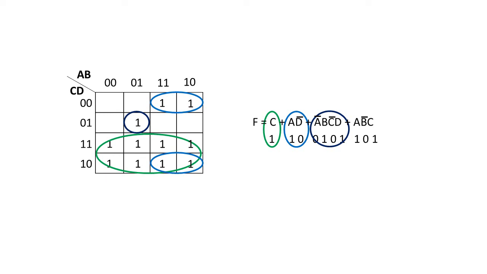So now work out with the last parameter, that is ABC should be 1 0 1. Find out where ABC is 1 0 1. Observe, find out in the K-map position. Observe here ABC is 1 0 1.